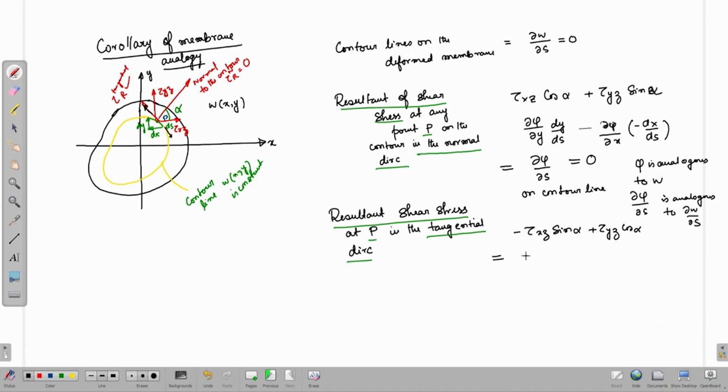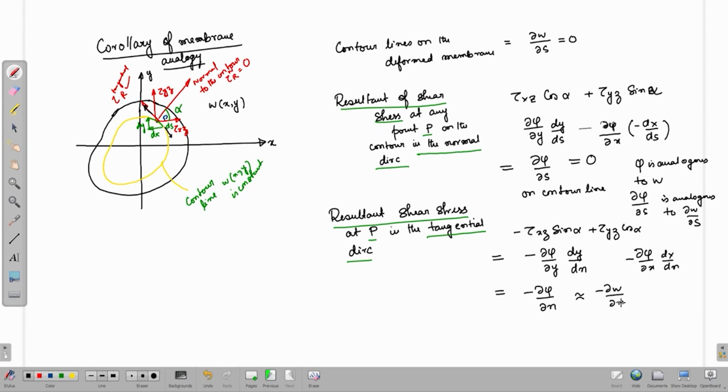So, we do the same thing. Tau xz can be written as del phi by del y, and tau yz is minus del phi by del x. Now, in place of sin alpha, I can write dy by dn, where n is the elemental distance in the normal direction, and cos alpha can be written as dx by dn. So, this whole together can be written as minus del phi by del n, which is analogous to minus del w by del n.